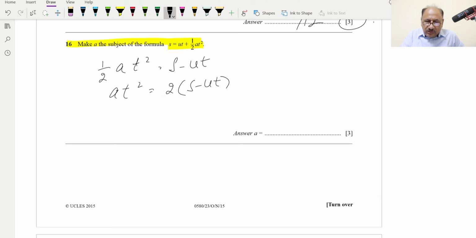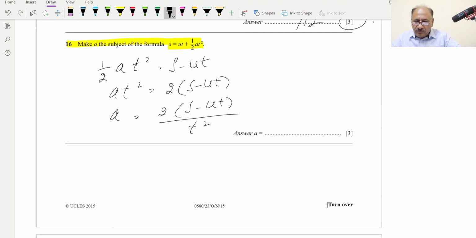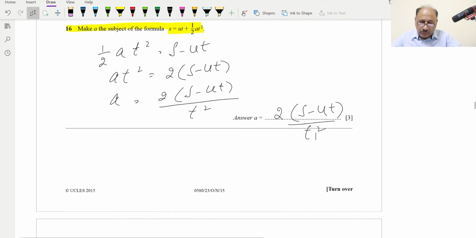Now we can shift t squared as well, so it will be 2 s minus ut divided by t squared, and this will be our final answer for this part, which we can write as 2 into s minus ut over t squared. This is also a 3 mark question.